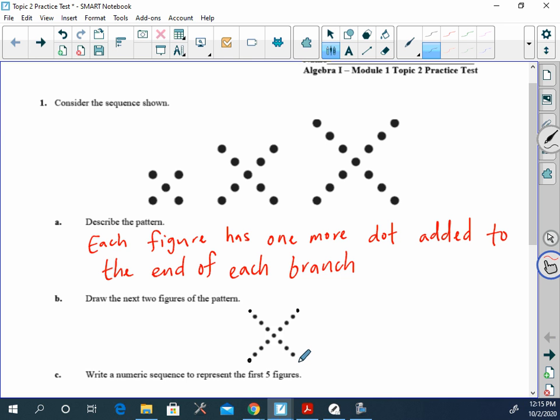And it says draw the next 2 figures, so that's the next one. And then with this one, we take our picture that we had there with the 1 added, and we're going to add another one onto that. So it should look something like this. Yours might not look as nice, so it's understandable. Okay?